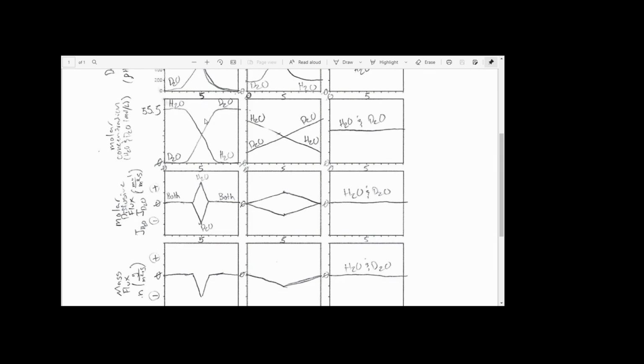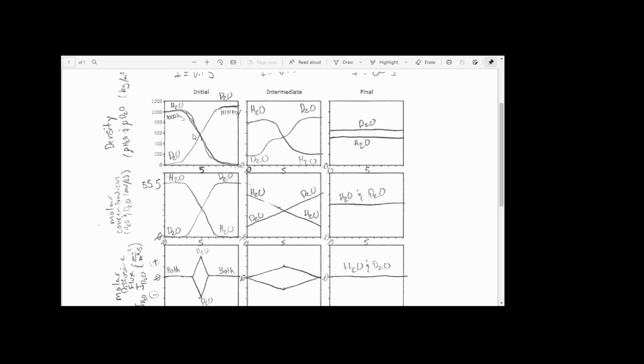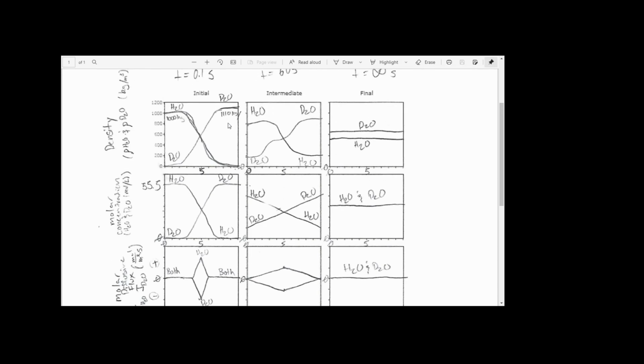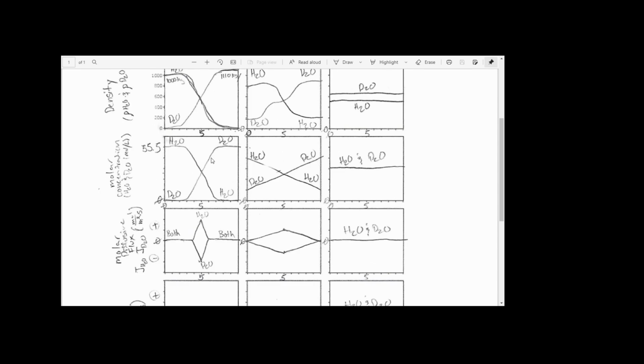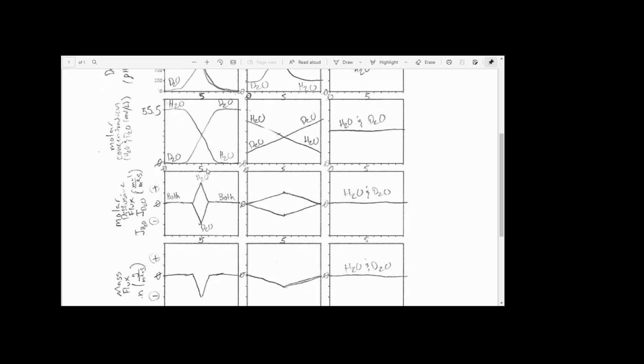Again, this sort of mirrors the first graph. However, in the first graph, because the density of deuterium is higher and heavier than that of water, deuterium is ever so slightly higher on that graph than it is on this graph. Now, they start off at equimolar because we start off with the same amount of water and deuterium.